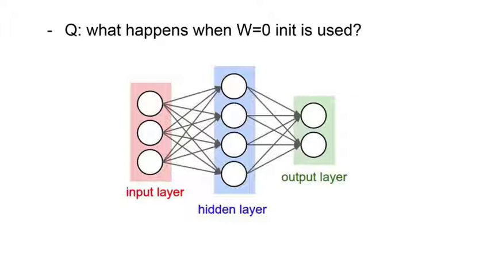So you might be thinking, let's talk about the forward pass. If all the weights were 0 to begin with in the very first iteration of the forward pass, then you have the input value of the pixels. They all get multiplied by 0, and then we sum them up, so the sum would be 0.